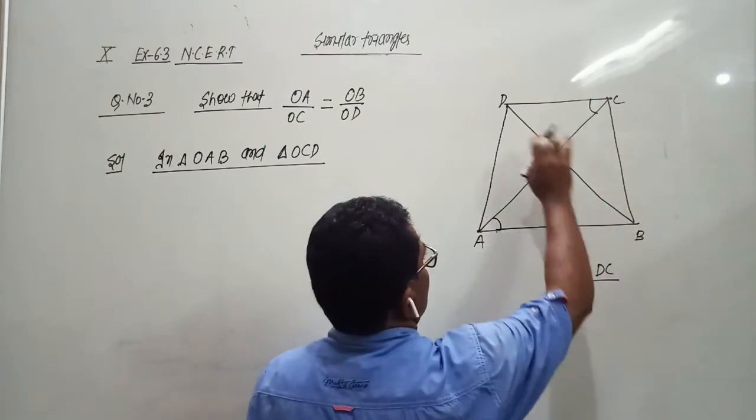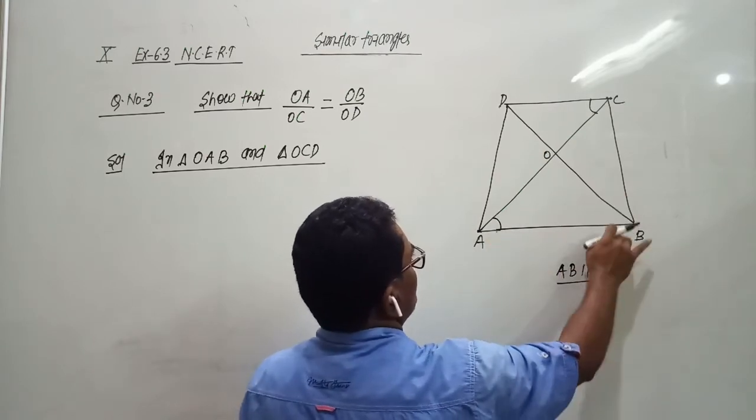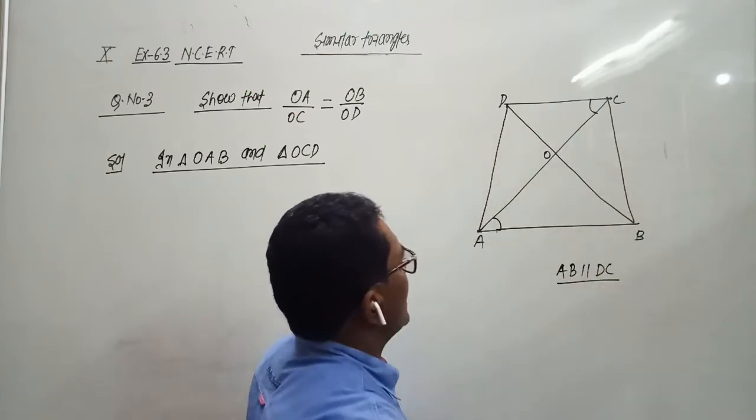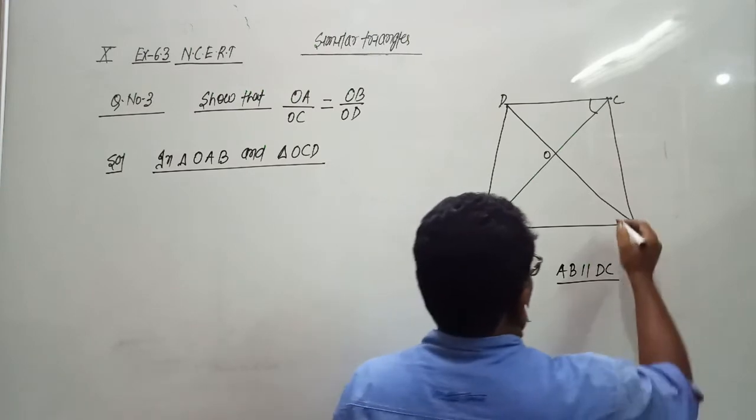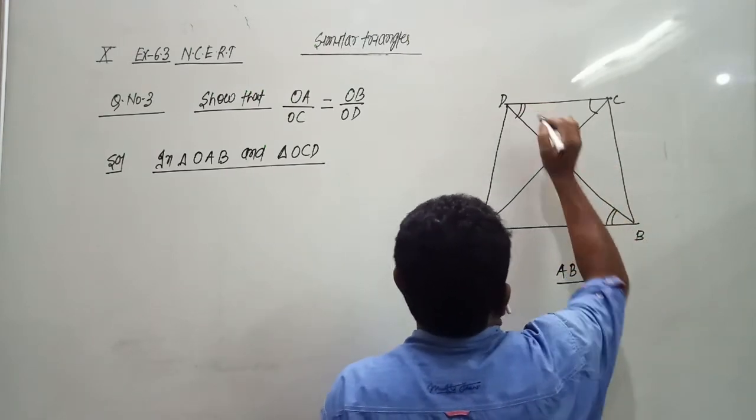Again, AB is parallel to DC and DB is the transversal. So these alternate angles are equal.